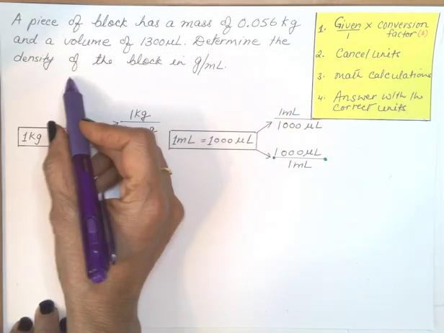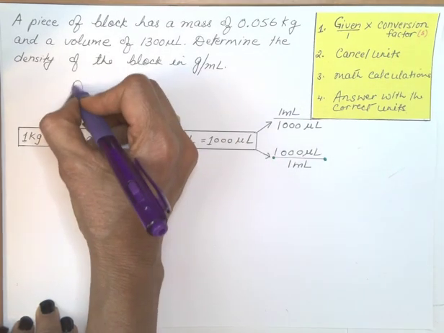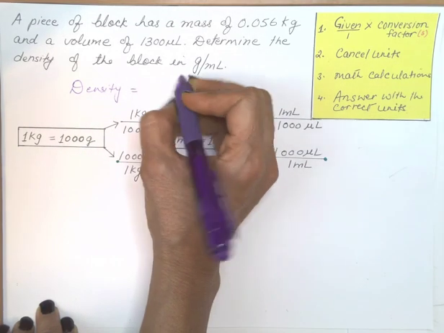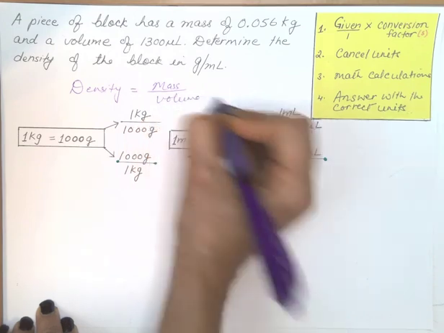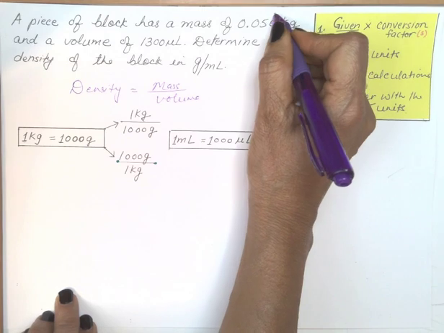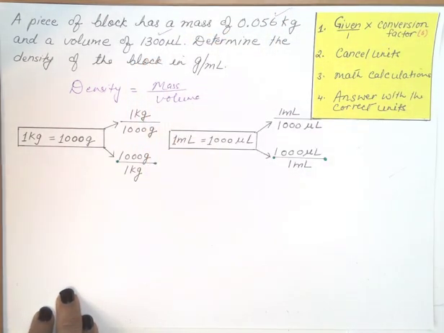We have to determine the density of the block in grams per milliliter. Now density is always mass per unit volume. Okay. Now here our mass is 0.056 kilograms and our volume is 1300 microliters.